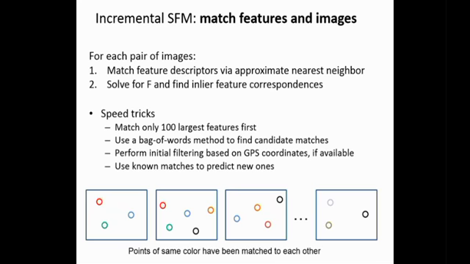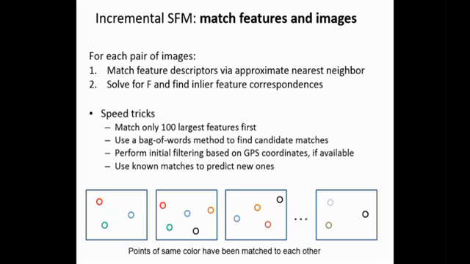Because if you have 1,000 images, that means that you need to match between 500,000 pairs of images. And you've got a few thousand features per image, so you need to do a lot of matches. So usually, instead of doing a brute force match where you compute the Euclidean distance between pairs of features, you'll find approximate nearest neighbors or use KD trees or some other more efficient structure.